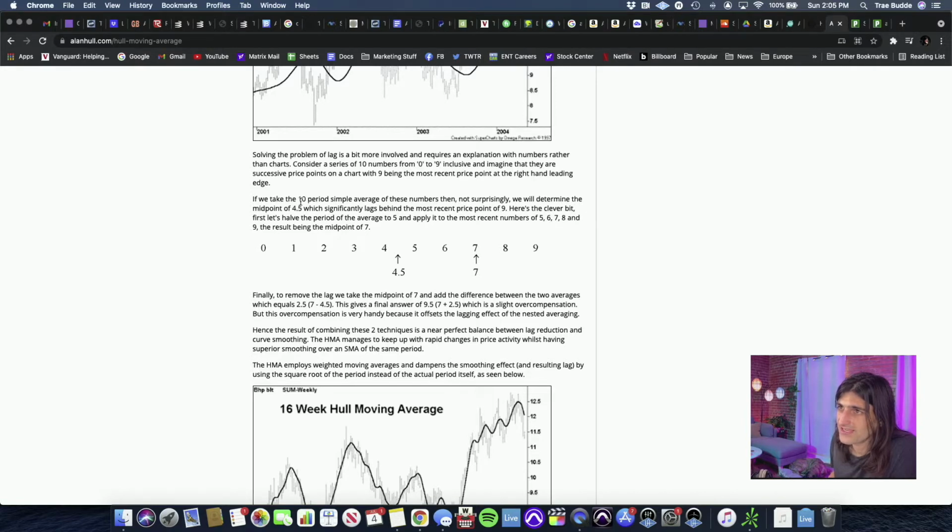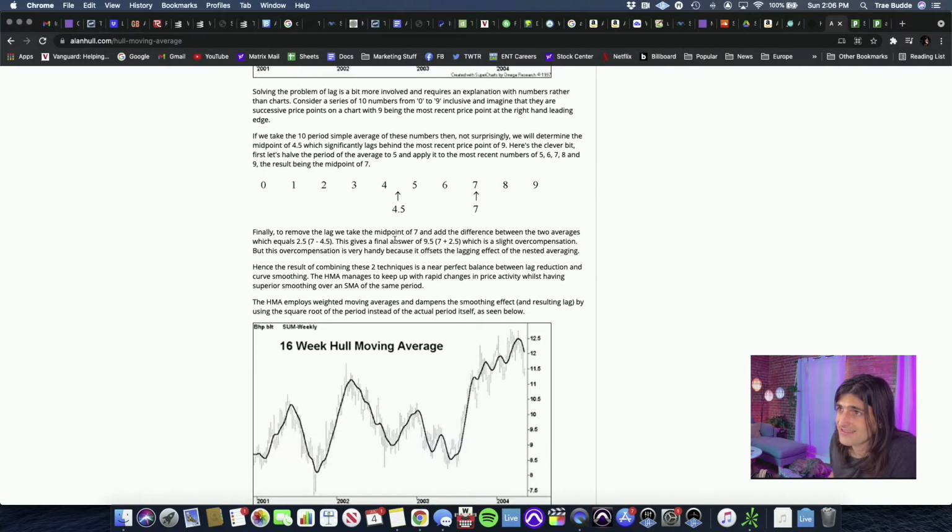Here's a bit of math that talks about how he gets that. An example being a sample average of numbers, this being like price points 0 to 9, and creating an average of two averages. So you know that the average of 0 and 9 is 4.5, but if you set the period of the average to 5 and apply it to the most recent numbers 5, 6, 7, 8, and 9, the midpoint would be 7.